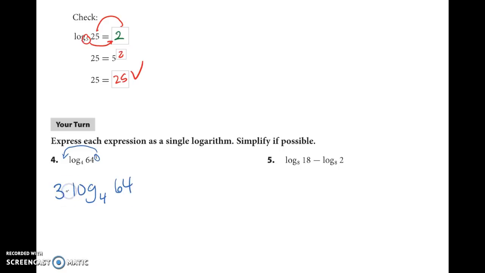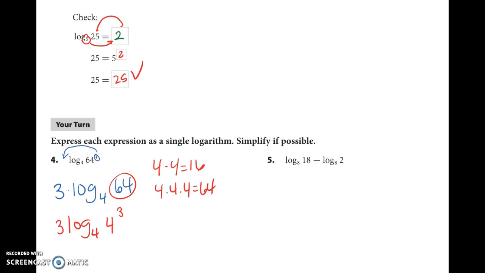Now I want to write this with the same base of 4. How do I write 64 as base 4? 4 times 4 is 16, 4 times 4 times 4 is 64. So to rewrite this, I would have 4 to the third power.